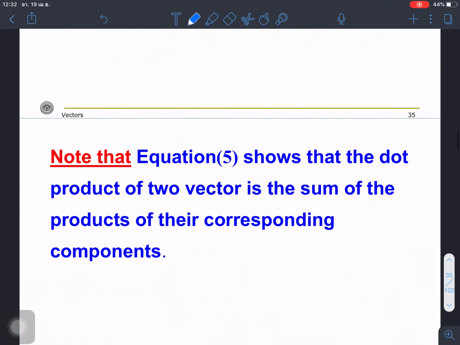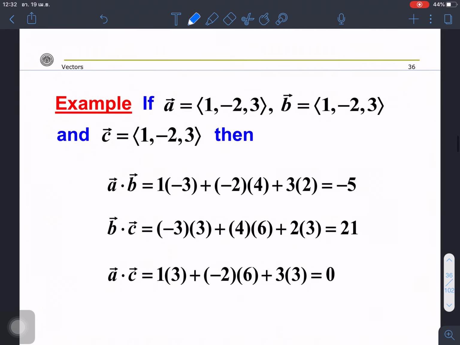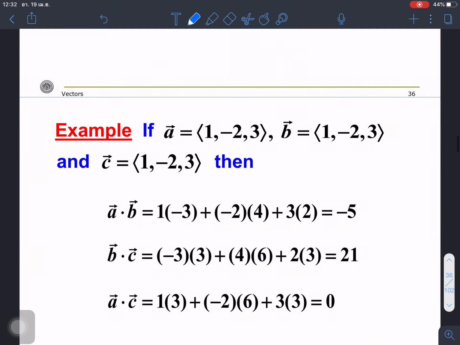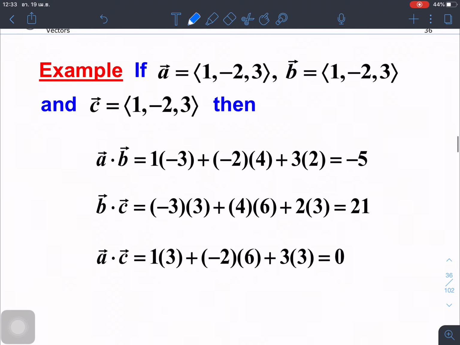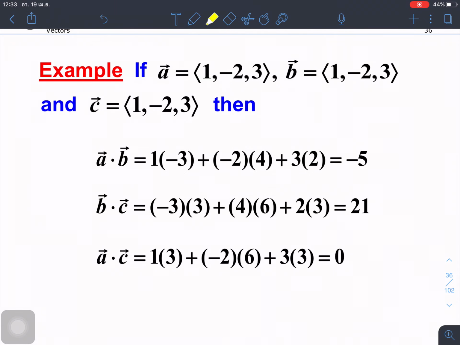Equation 5, the previous equation, shows that the dot product of two vectors is the sum of the products of their corresponding components. For example, here, if you are given three vectors A, B, and C, written as you can see here. If you want to find A dot B, I'll show you only one example.